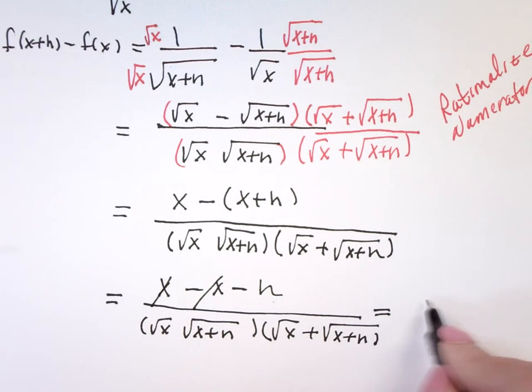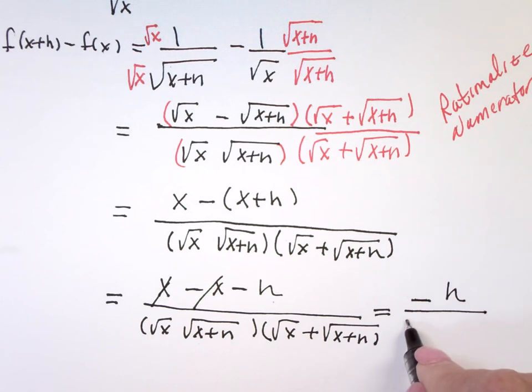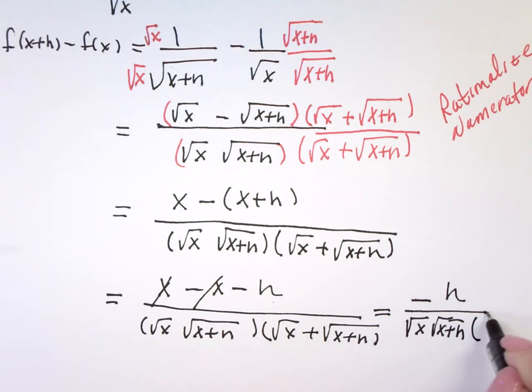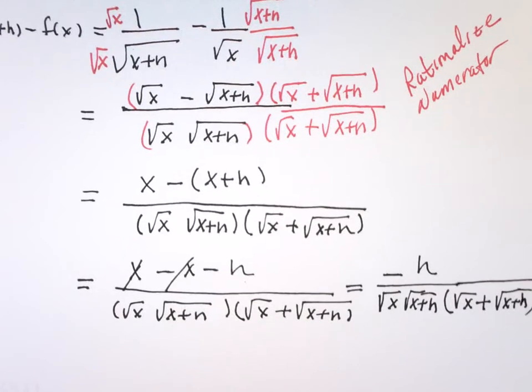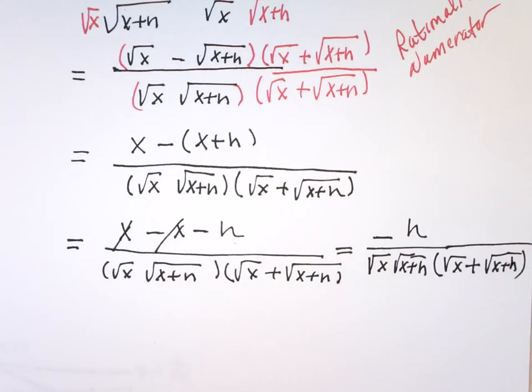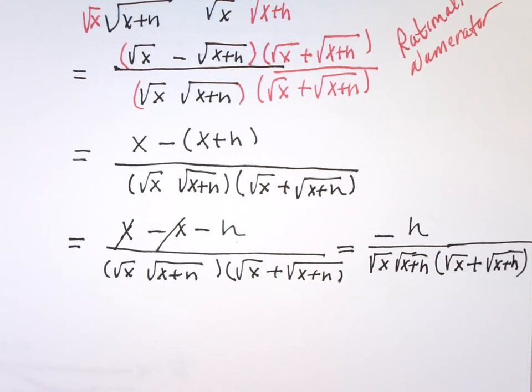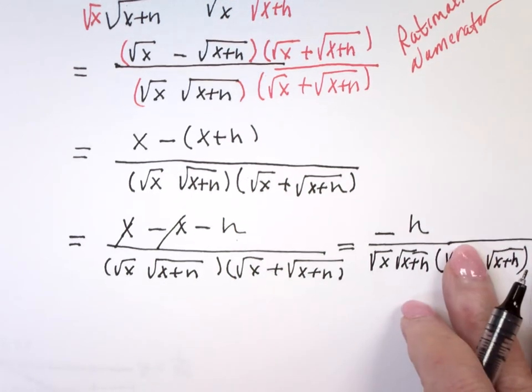This leads me to minus h over the square root of x plus h times square root of x plus the square root of x plus h. Now you know why this is really a board problem. That's just step 3. And this is a simple problem, guys. I know.